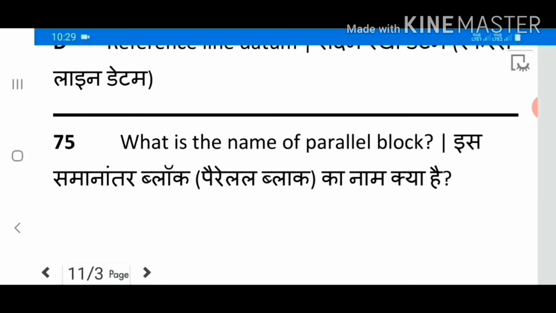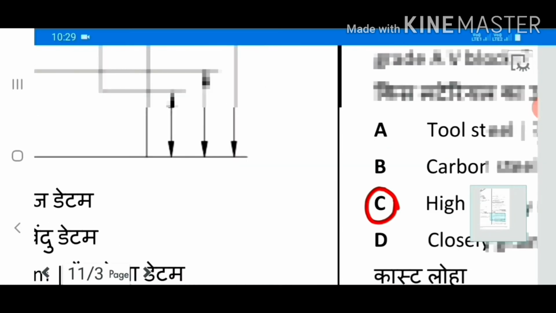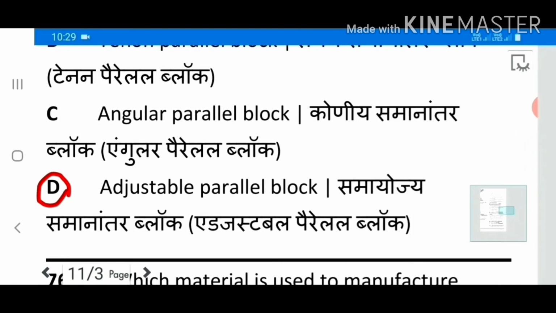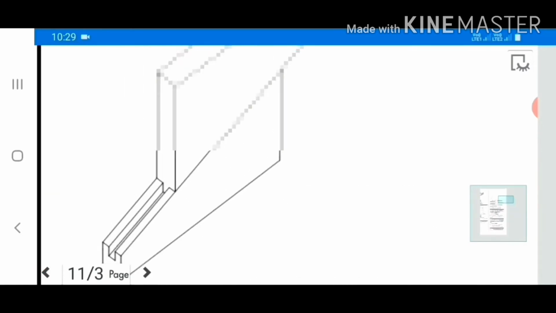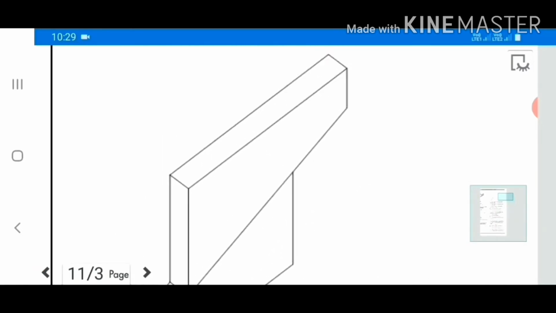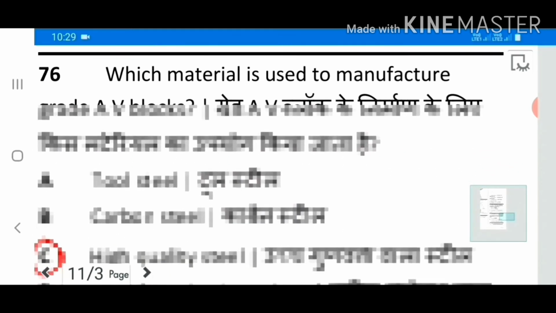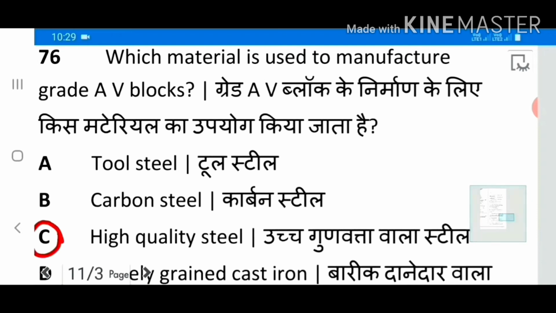What is the name of parallel block? Answer D. Adjustable parallel block. 76. Which material is used to manufacture grade A V blocks? Answer C. High quality steel.